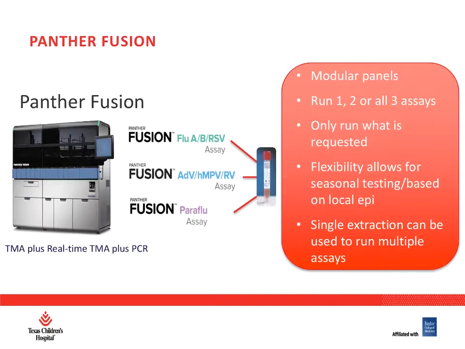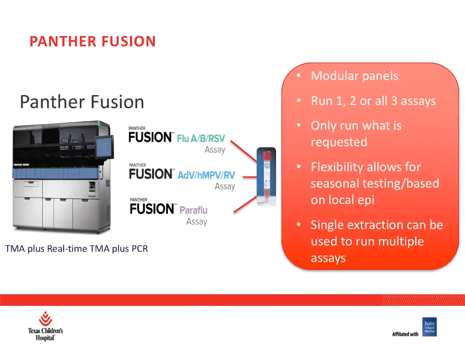And so the Fusion was attractive to us because it can be added on to a Panther system, or you can purchase the whole system all in one piece, but it can be added to the existing Panther if you have one in your laboratory. And as Dr. Stelrecht mentioned, these are modular panels. So we have A, B, and RSV as one mini panel, adeno, metapneumo, rhino as another mini panel, and then parainfluenza 1 to 4 is another mini panel.